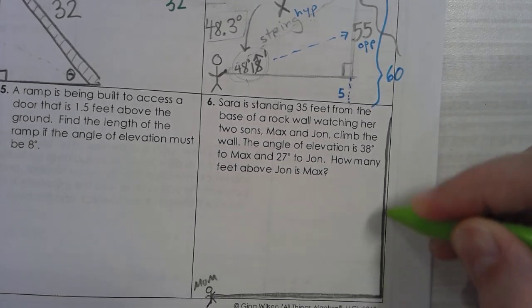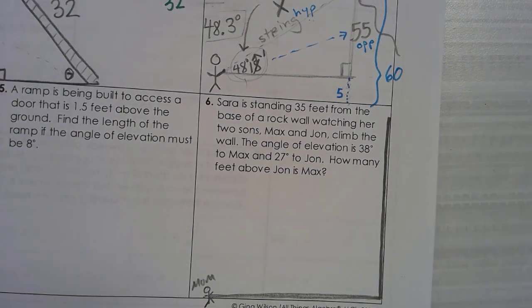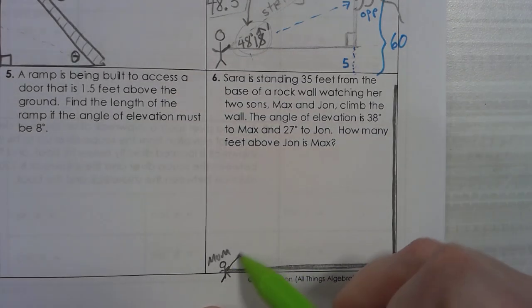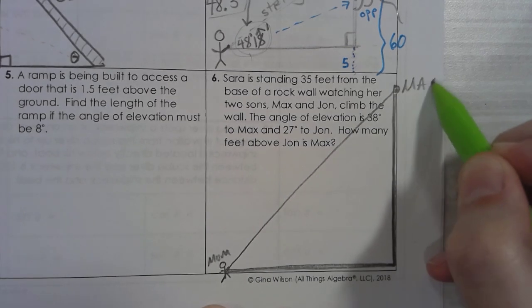And let's see. Which boy is higher up? The bigger the angle of elevation, is that going to make it go higher or lower? Higher. So Max is going to be higher. So we're going to put Max all the way up here at the top. So this is Max.